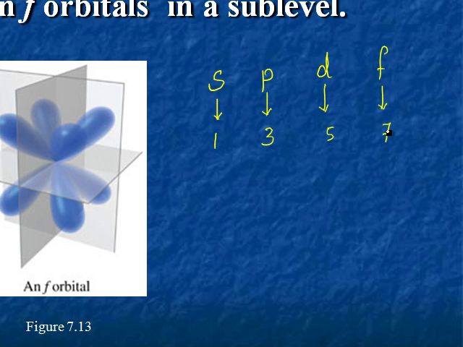N is equal to 2. N is equal to 2, we have s and p orbitals, right? Each box can take 2. We start with the lowest. Among s and p, which one has lower energy? S has lower energy. Remember, energy also increases in that way, s, p, d, f, in that order. So among 2s and 2p, 2s has lower energy, so 2 of them will go in here.